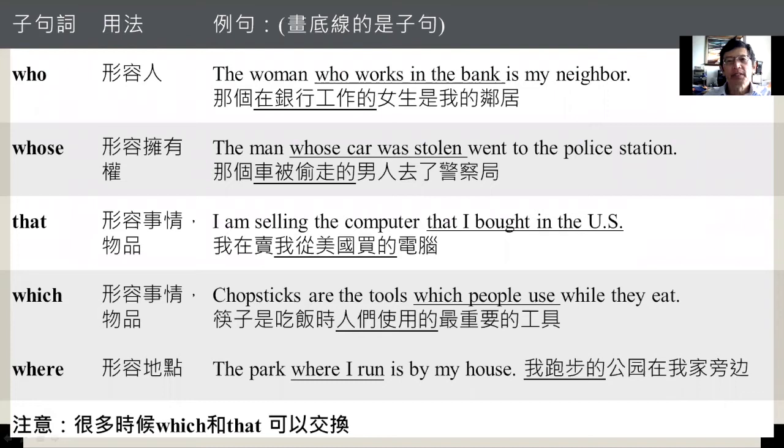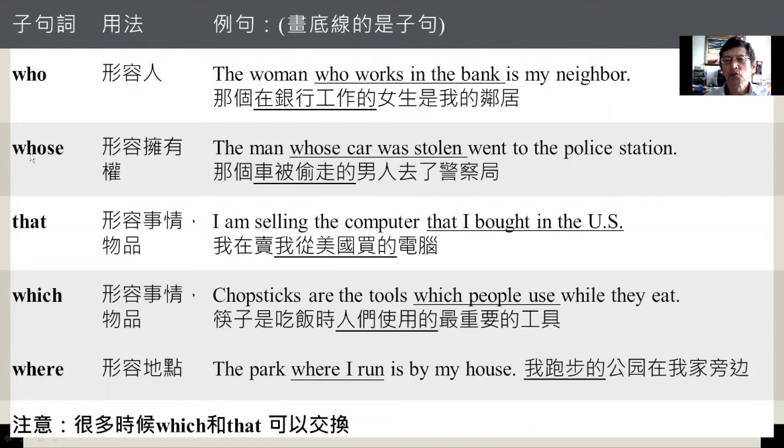Here is the explanation of the clause words that you can use. Who? The woman who works in the bank is my neighbor. Whose?